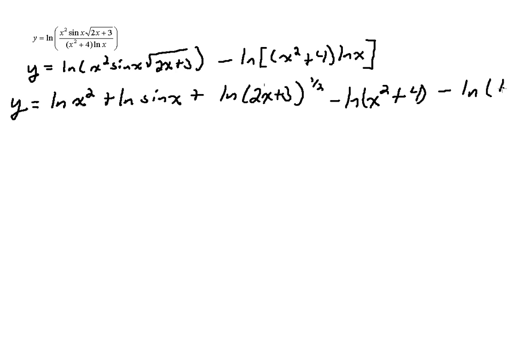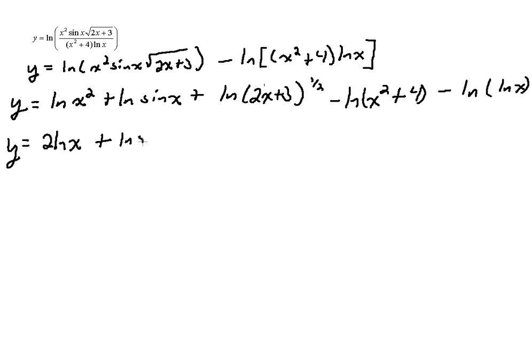And there's no property that breaks that up, by the way. But now we can use another property of exponents, which says the exponent of the argument can be pulled down as a product with the logarithm. So we have y equals 2 ln of x in the first case. Nothing much we can do here. We have ln of the sine of x.